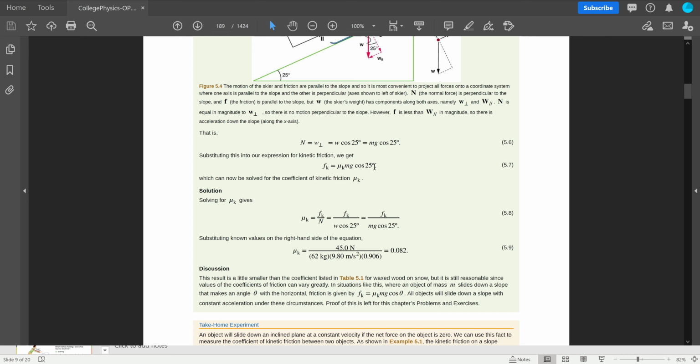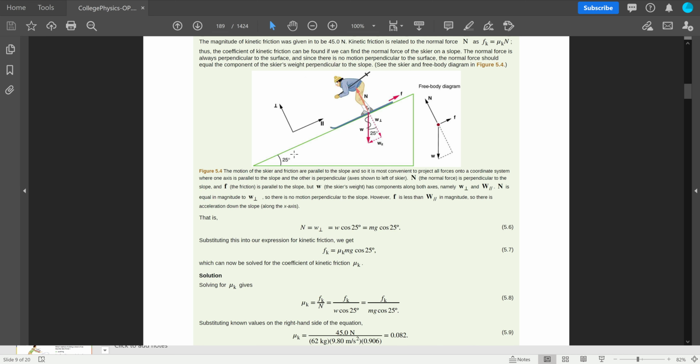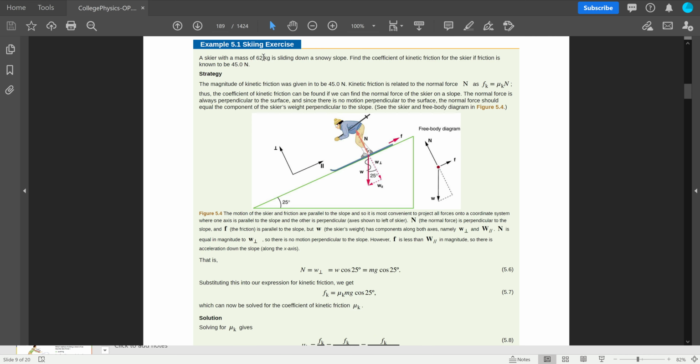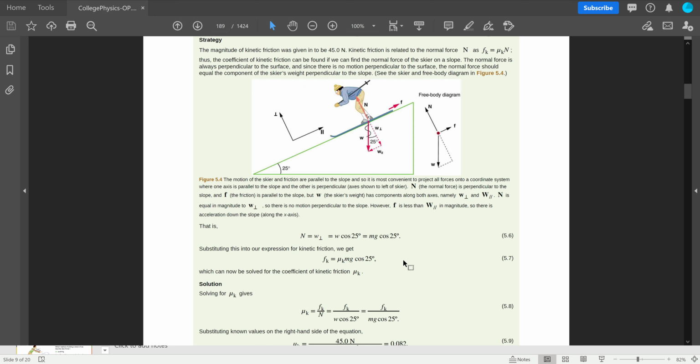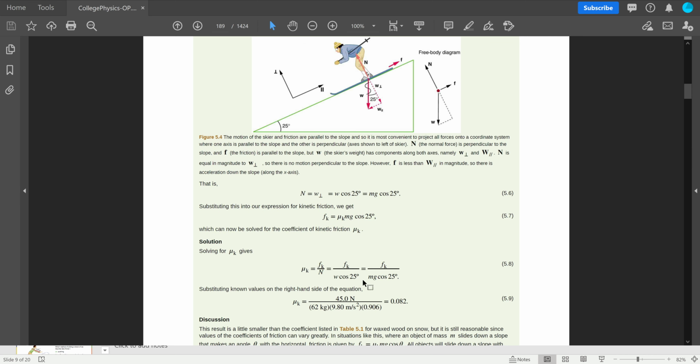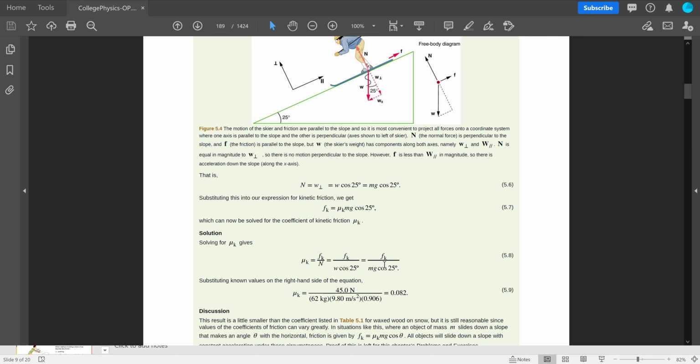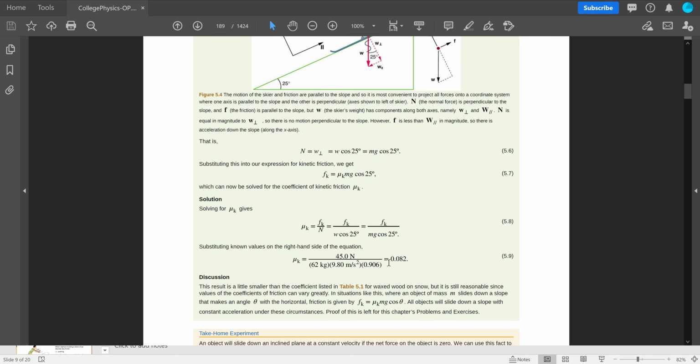Now, if you wanted to, and it's easier for you, you can go ahead and solve for whatever number this is, mg. So the weight or the mass was 62 times 9.8 cosine of 25. Get that number first, and then just plug it into this equation here. It's easier for some people. Here they just go ahead and plug in the whole equation. But essentially, that's what you're doing.